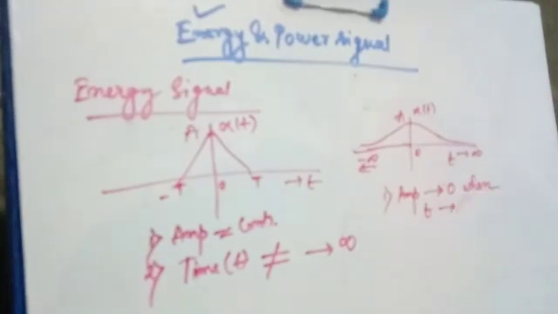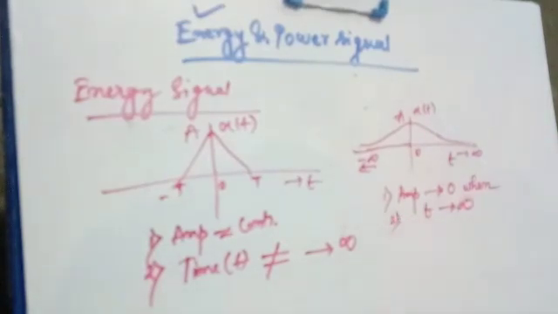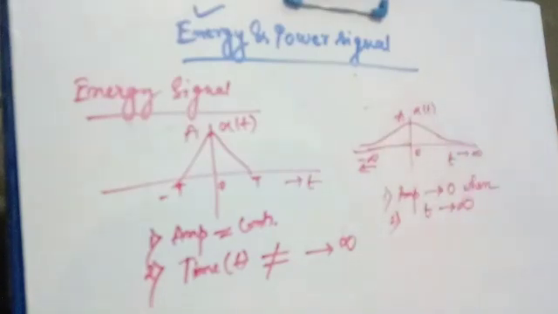When these two conditions are satisfied, then only we can say it is also an energy signal. So here we can see these two types of energy signal. From this we can easily say that almost all the practical non-periodic signals which are defined over finite time, or all time limited signals, are energy signals.